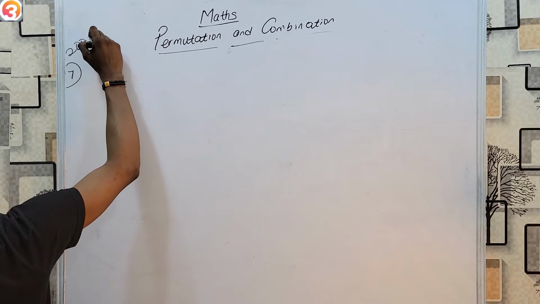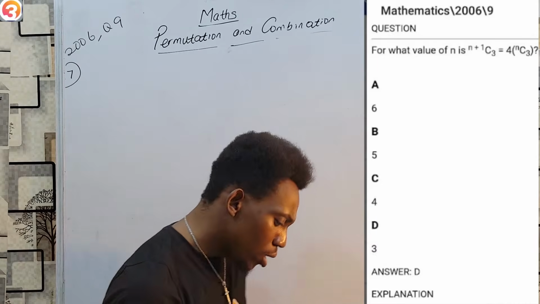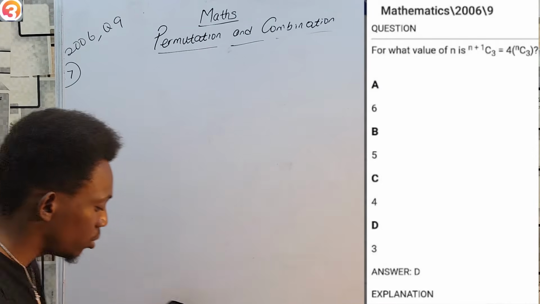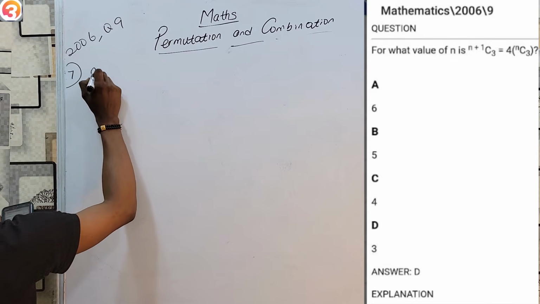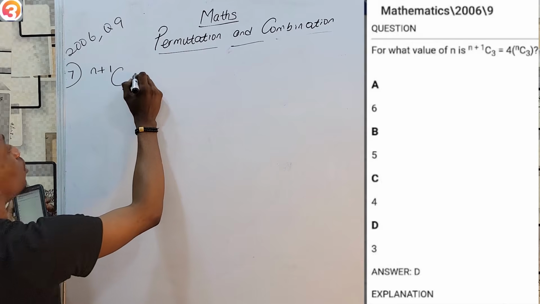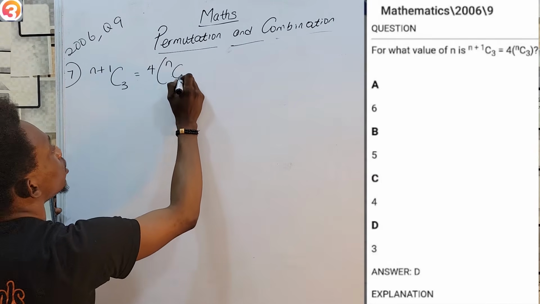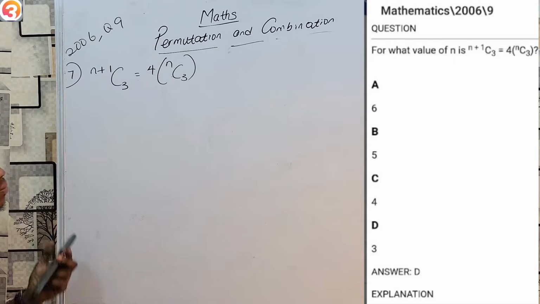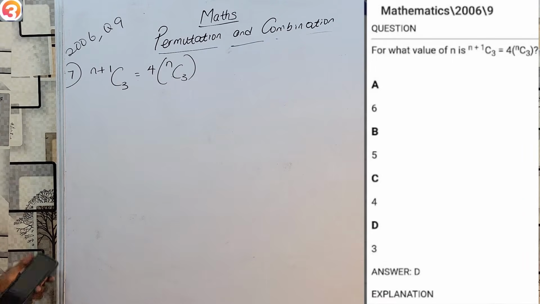Okay, this time I'm going to the year 2006 to look at question 9. And this one actually is quite straightforward. For what value of n is n plus 1 combination 3 equal to 4 times n combination 3? This is simple arithmetic, no logic required. Apply your formula.